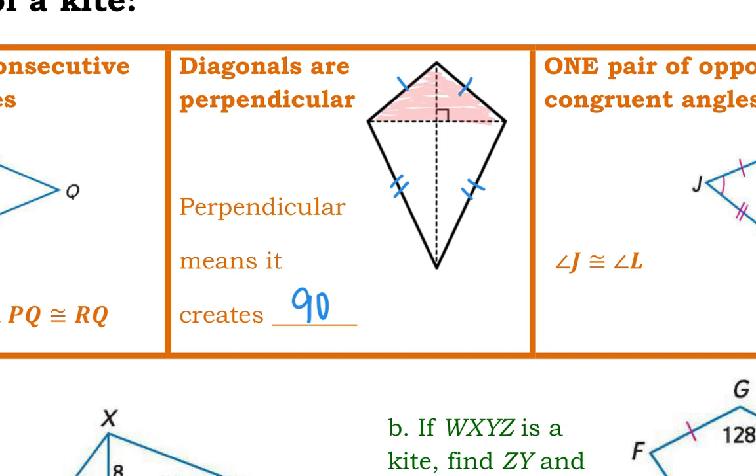All right, let's see if y'all know the answer. What type of triangle is it? Isosceles, which means the opposite angles of the sides have to be what? Congruent. That means that this angle is congruent to this angle.